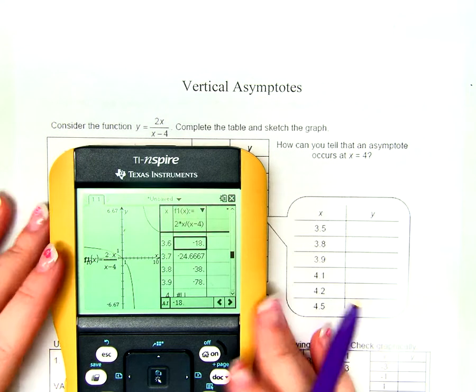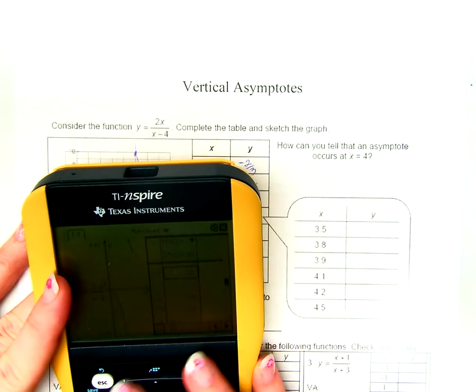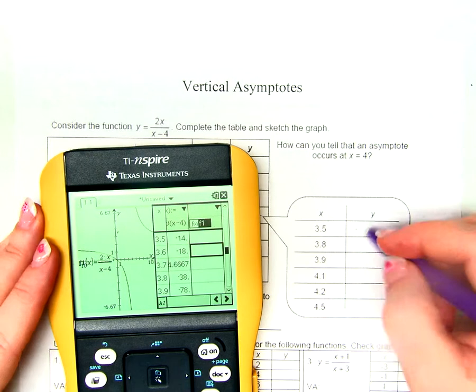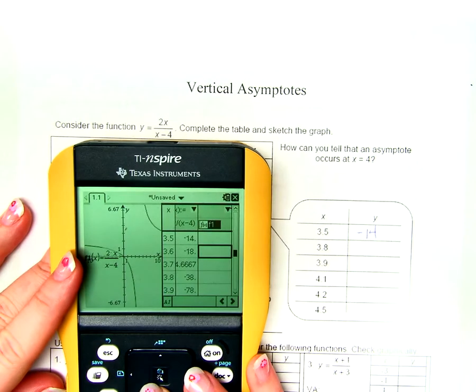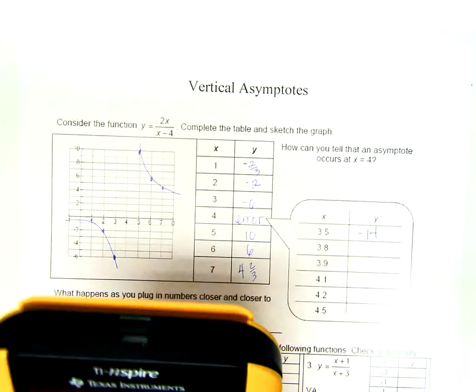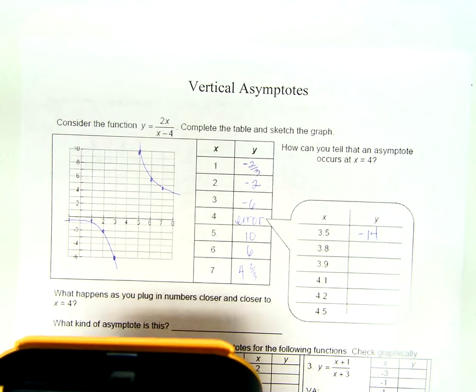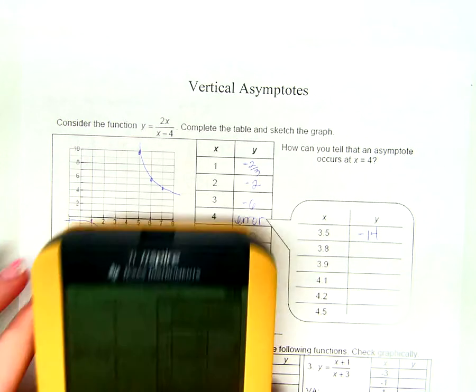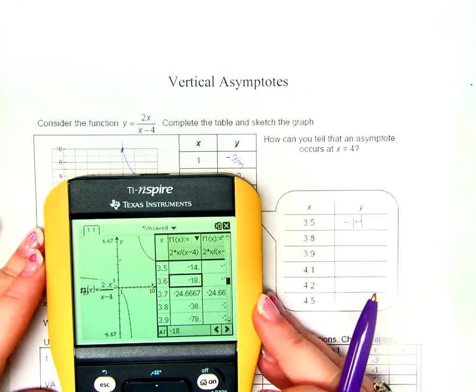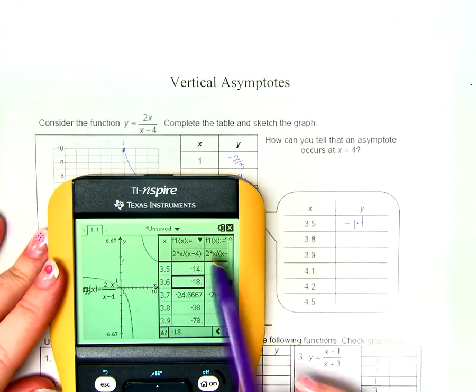Okay, so when x is 3.5, y is negative 14. When x is 3.8, gotta scroll down just a little bit. My calculator's being weird. I don't know what it just did. We're just going to ignore that part. Okay, ignore this column right here on mine.